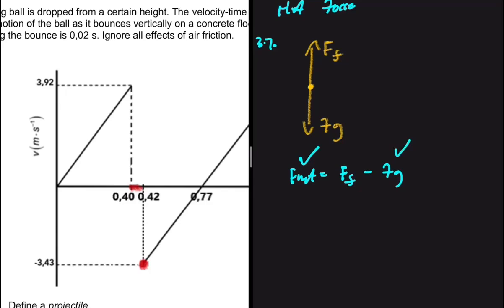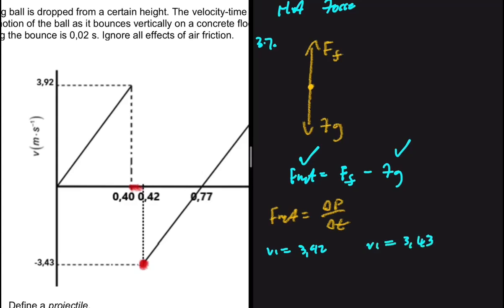How can we find F net? We know that F net is equal to the change in P divided by the change in T. So at 0.4, we start with a velocity of 3.92. And at 0.42, when we leave the ground, we have a velocity of 3.43.